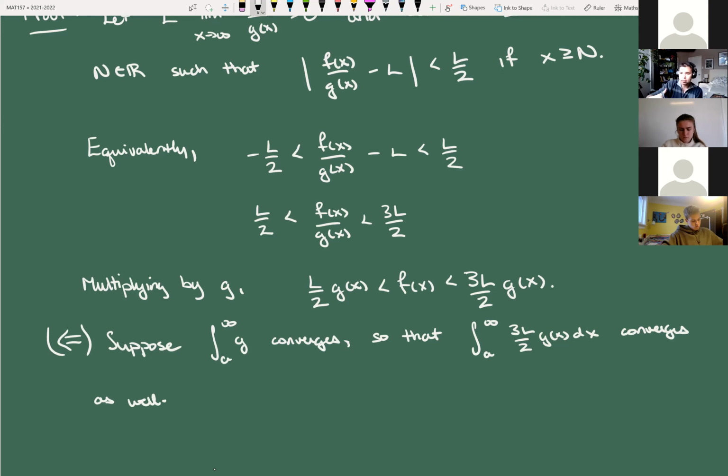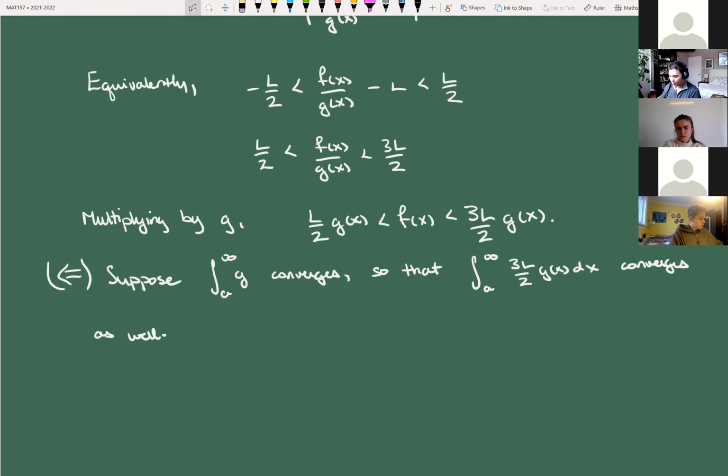If you take a limit as the top of integration goes off to infinity, well, it's just your normal finite limit. So you can pull the 3L over 2 out and this whole thing converges. So this converges as well. Is everyone okay with that? Does that make sense? If g converges, so too does 3L over 2 g. That's just a constant. I didn't do anything crazy there. Everyone's okay with that? Again, yell out if you're not.